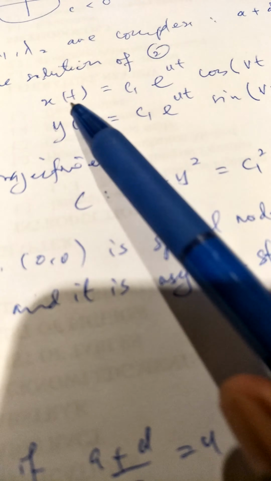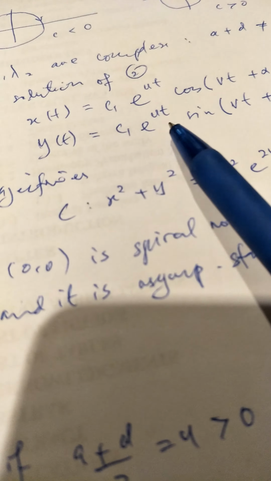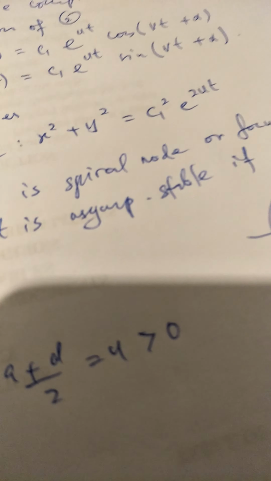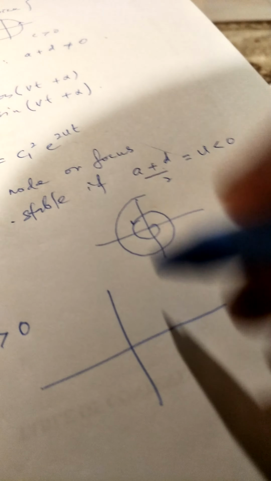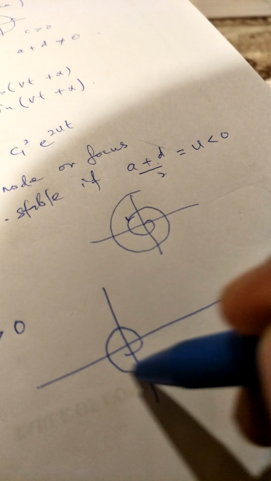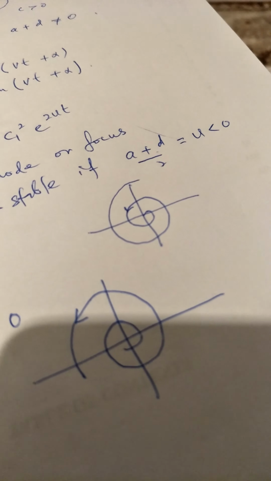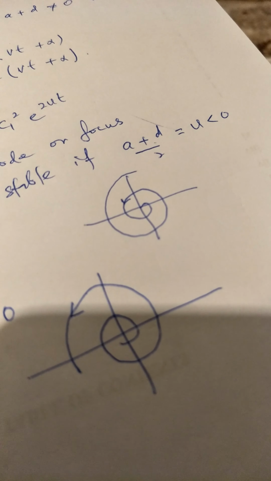And if you look at x and y, that part goes to infinity, this part goes to infinity, which means x and y go far from the critical point. So our trajectories look like that, and they go away from the critical points.